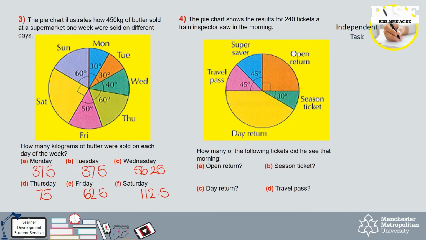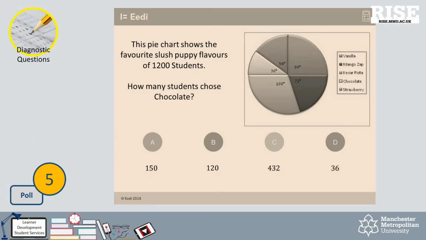For the train tickets, we have 60 open returns, 20 season tickets, 100 day returns, and 30 travel passes. Have a go at these quick questions. You'll have 5 seconds, but if you do need longer, press play when you're ready for the answers.